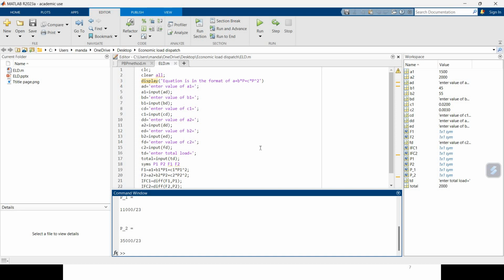Another beauty of MATLAB is that if we have the program and I change the fuel cost equation or the total load demand, we don't need to repeat all the calculation. We can solve the numerical by changing the input values, and that's why MATLAB plays an important role in economical load dispatch neglecting the transmission losses.